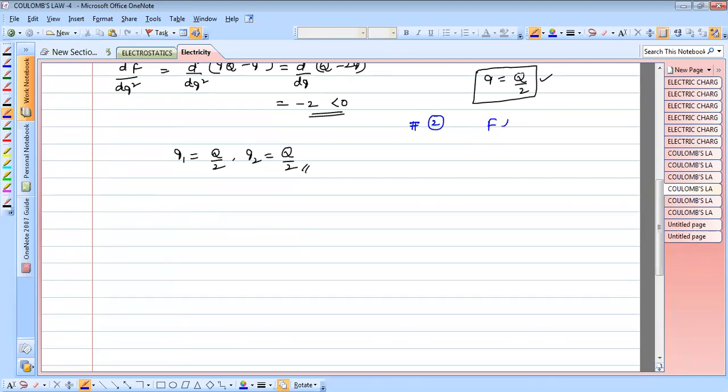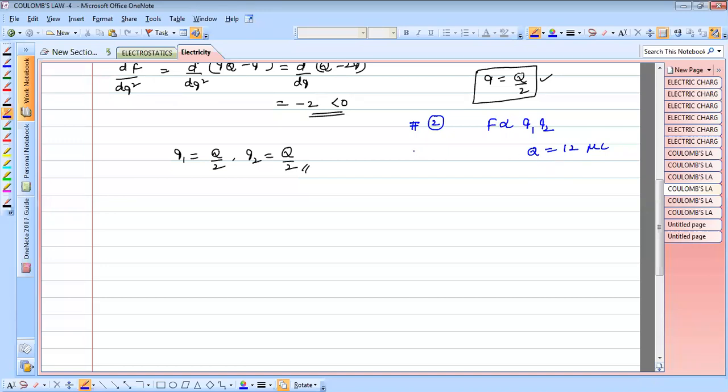Actually, you are very clear that the force is directly proportional to the product of the two charges, according to Coulomb's inverse square law. Here, Q splits into two parts. For example, let us take Q equals 12 microcoulombs. It splits into two.